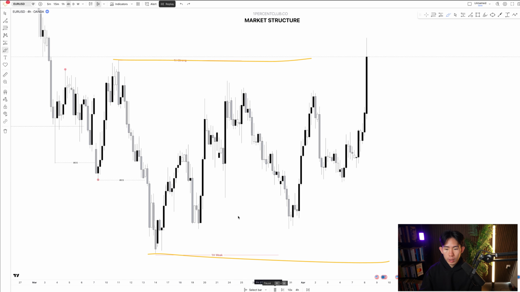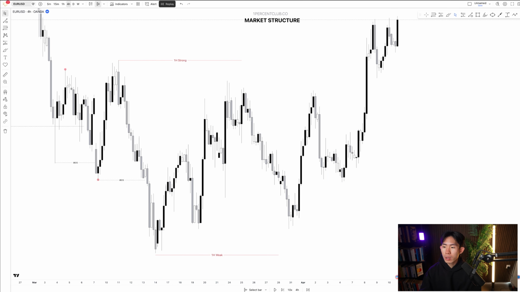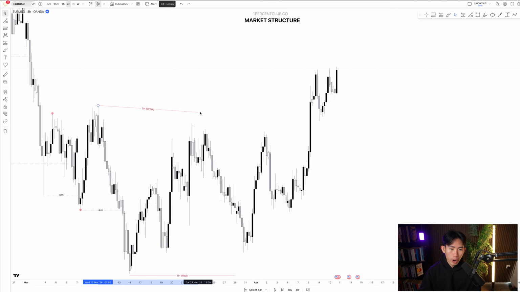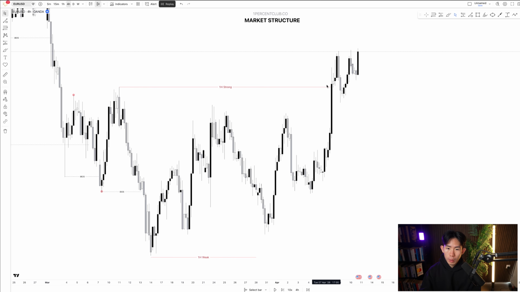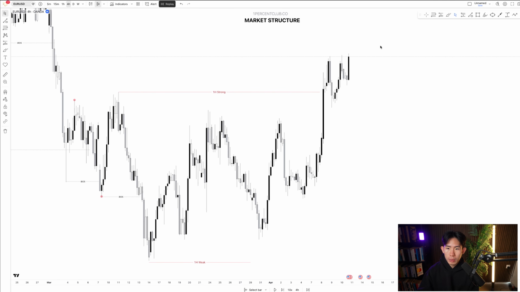So nothing happens. Boom. Eventually, price went up there and took out this 1 hour strong high. Now, what does this mean for us? This means that the trend direction has just shifted bullish, because price has gotten so much buying pressure, so much buying momentum, that it went up there and took out a strong high.